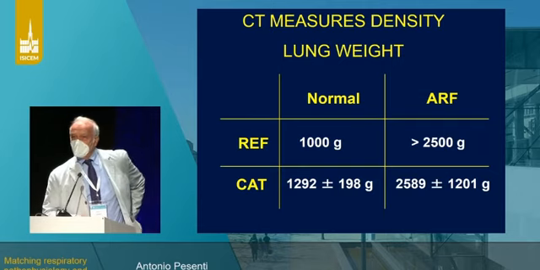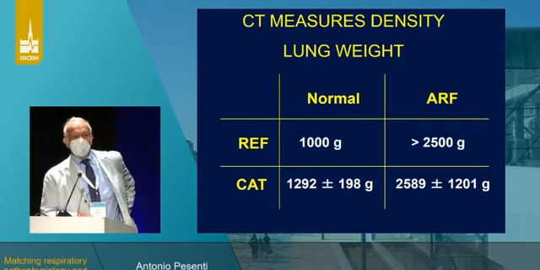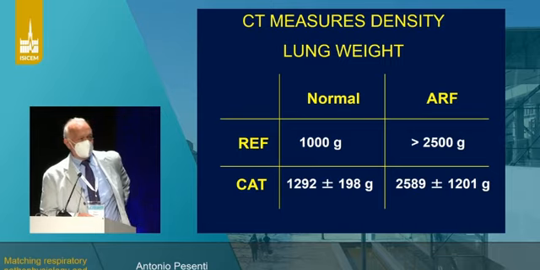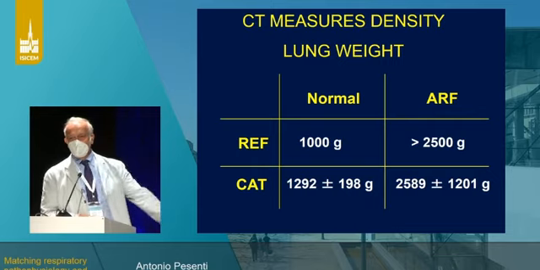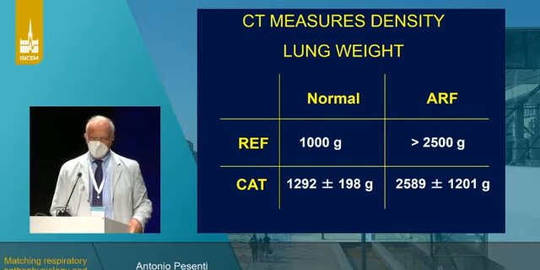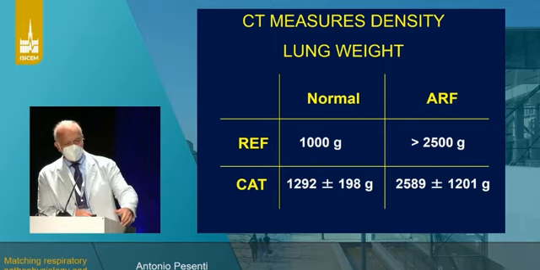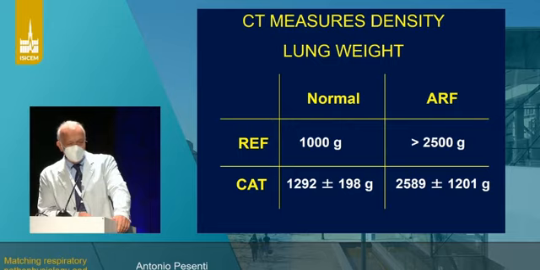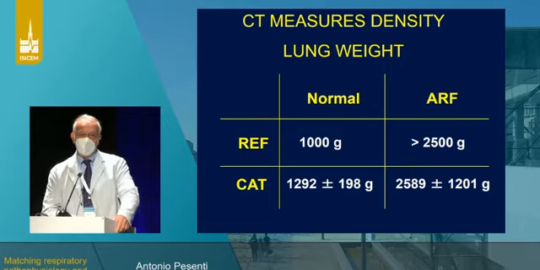First of all, CT scan allows the measurement of the lung weight. I think it's the reference method to measure in vivo the weight of the lung. And it's very effective. This is a very old slide that shows that we were able to measure lung weight in ARDS patients, at that time when we still called it acute respiratory failure.